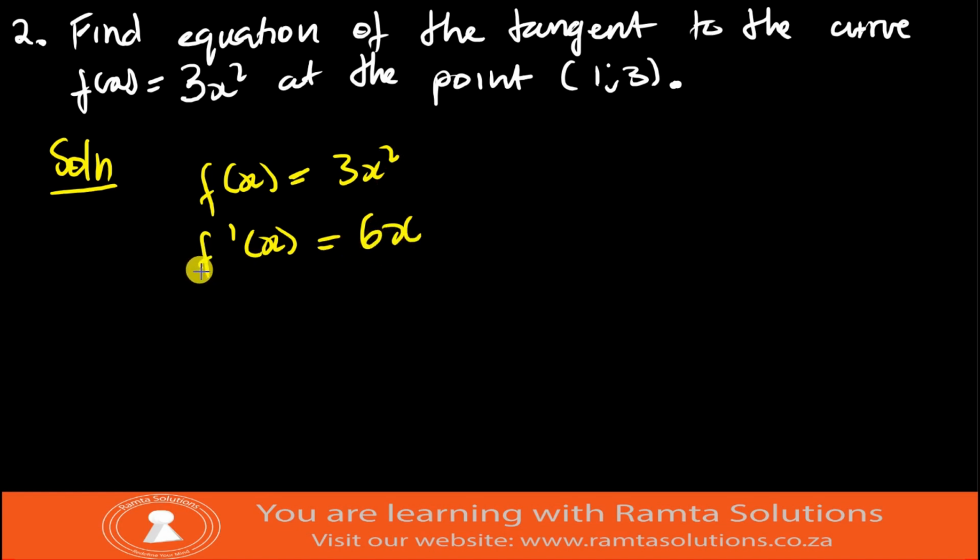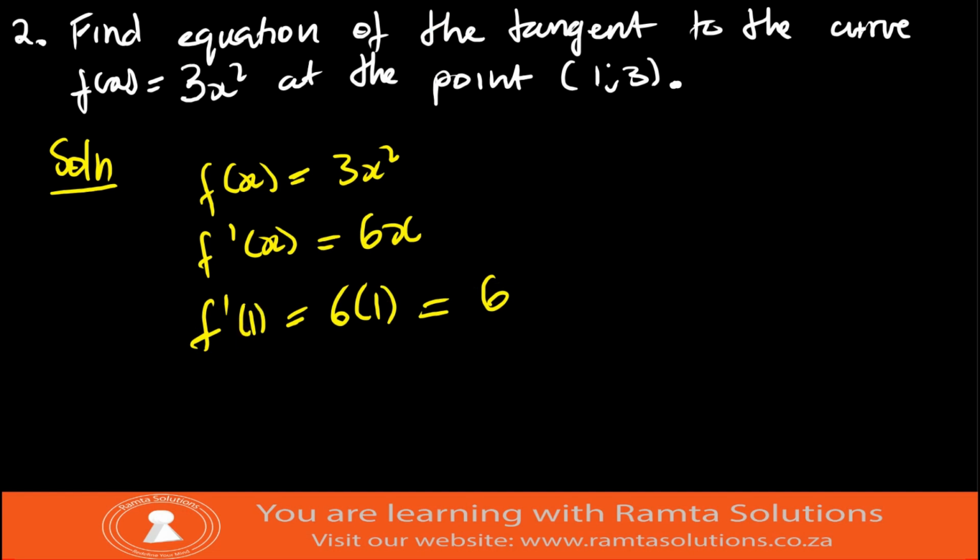That's the first derivative. Now what is the value of the gradient at a point x equals 1? Where there's x I put 1. What do we have? 6 into 1, which is 6. That's the gradient of your tangent.